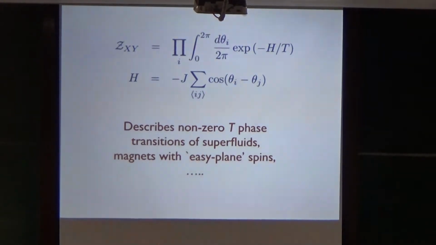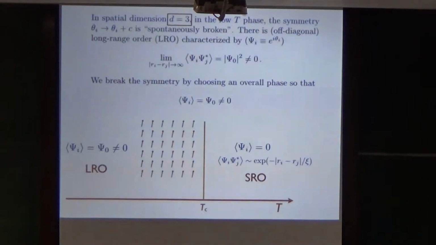So what do we know about this model? Well, we know basically everything, but let me quickly review the basic points. In 3 dimensions, this model exhibits a phase transition as a function of temperature. At low temperatures, all the spins line up, and we have a phase with long-range order.